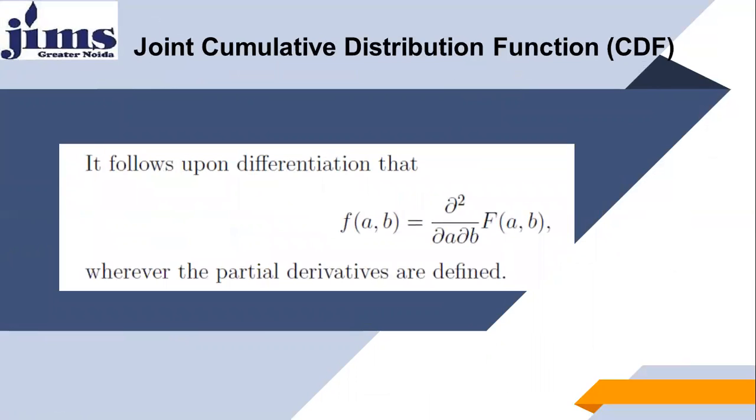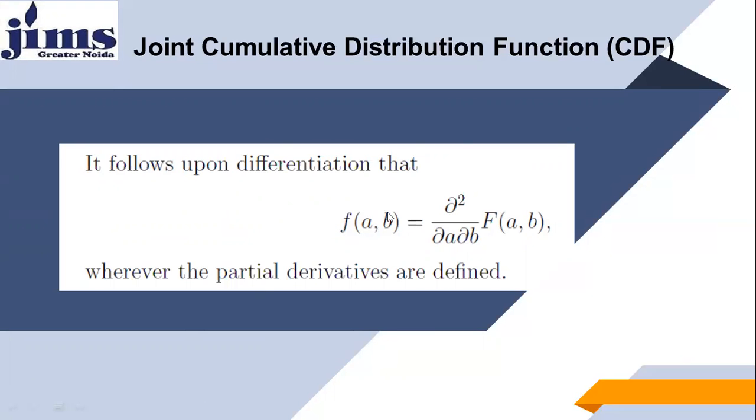Then, as you know, the relation between PDF and CDF is that if you take the derivative of CDF, you will get the PDF. This concept is also true in the joint case. Joint PDF comes if you take the derivative of joint CDF.